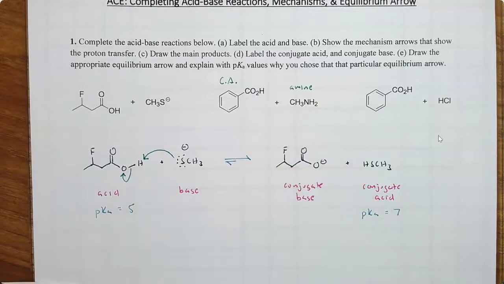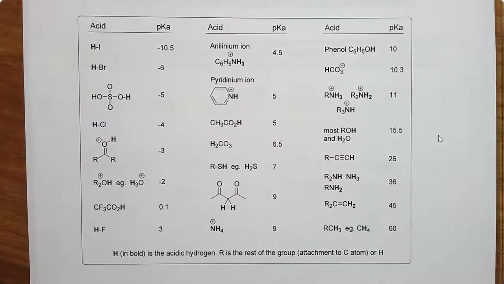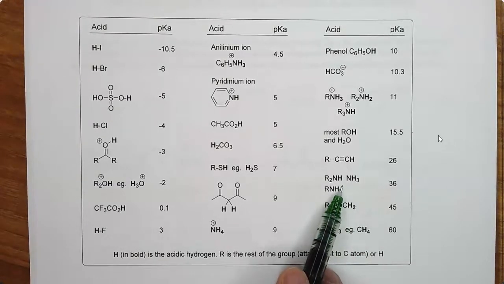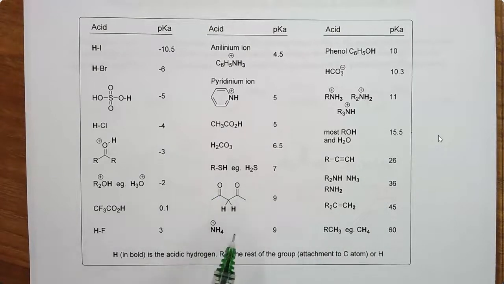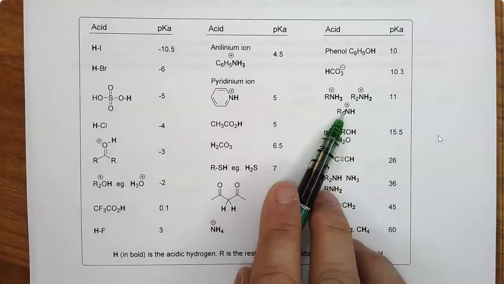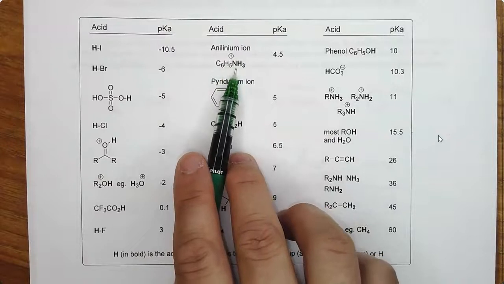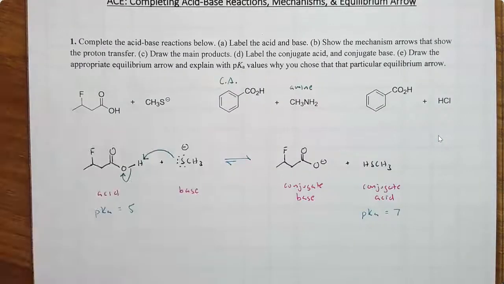That may be important for some pKa tables, but here our neutral nitrogens are just here. There's one there, 36. Every other nitrogen I see is protonated and positive. Pyridinium, positive. Aniline, positive. We're going to use 36.